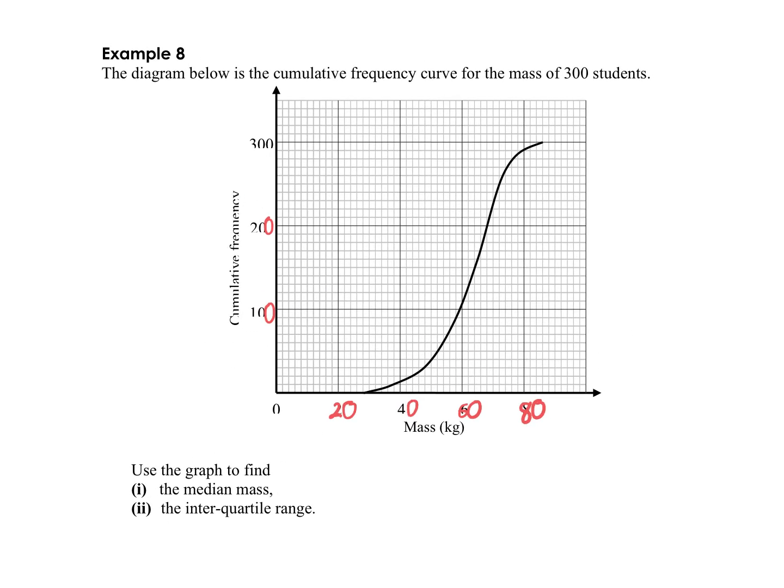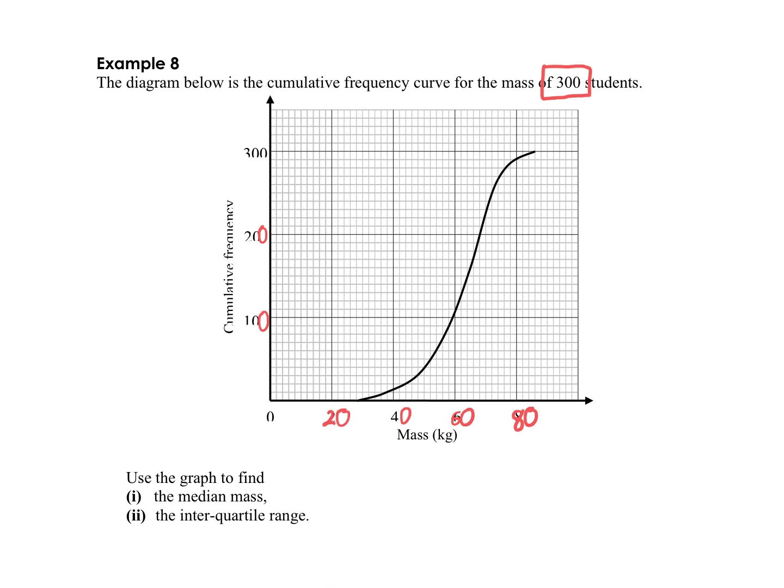Where's the median? There's 300 of them. What is the median mass? What is the mass of 50% of them? Okay, remember it's 50% of 300 students.